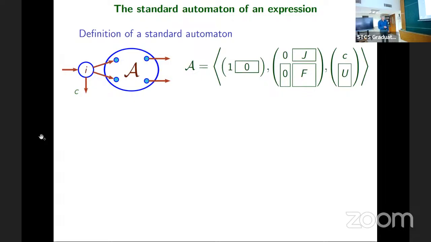And if I look at the matrix representation, because of this form, we have the initial vector, which is 1 and 0. The final vector has as first entry C, which is 0 or 1, whether I is final or not, and then a certain Boolean vector. And the transition matrix is, of course, of that kind.